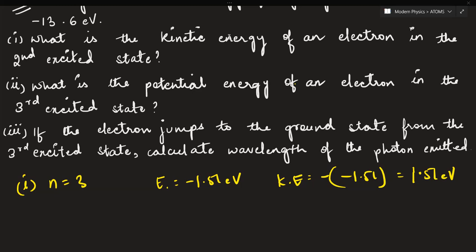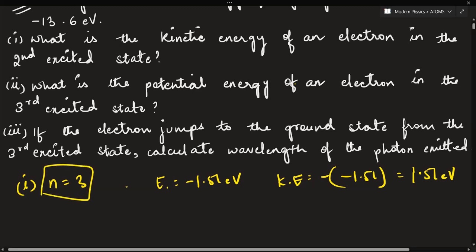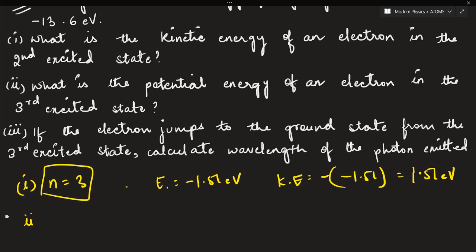N is equal to 4, class. No, see, ground state 1. First excited state, N is equal to 2. Second excited state, N is equal to 3. So, third excited state, N is equal to 4. So, total energy, that is E4. This was E3.